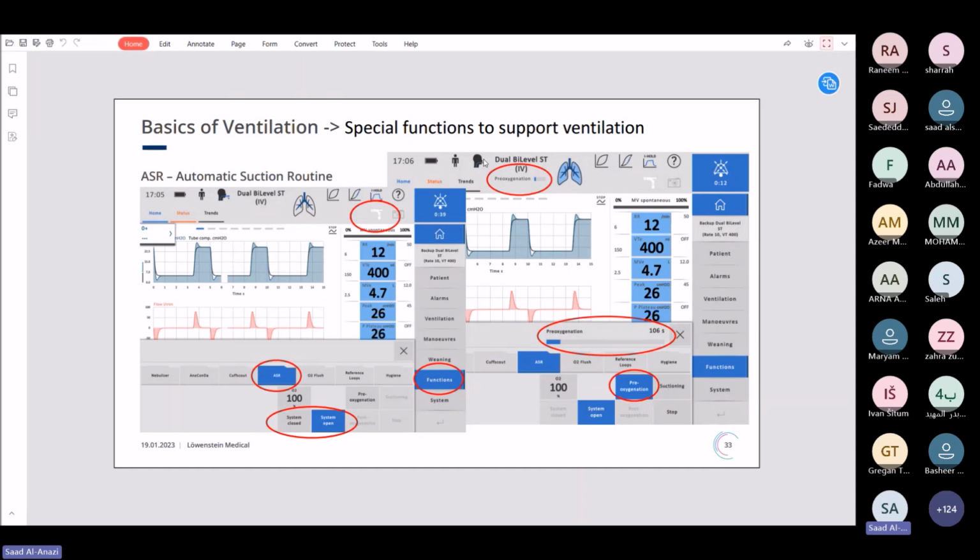After that, you will see it on the main screen: the running pre-oxygenation, and it will show you how much time remains for the pre-oxygenation and the suctioning time.